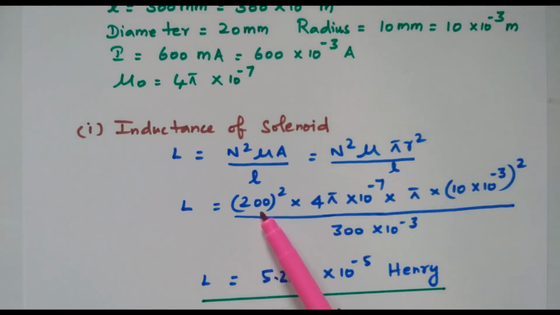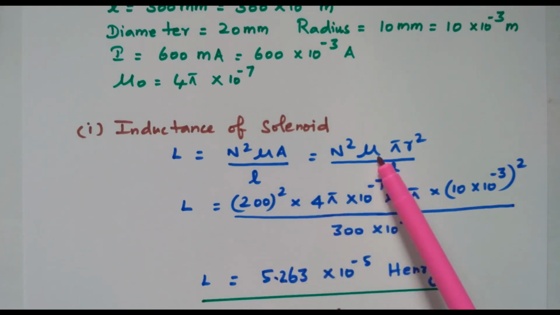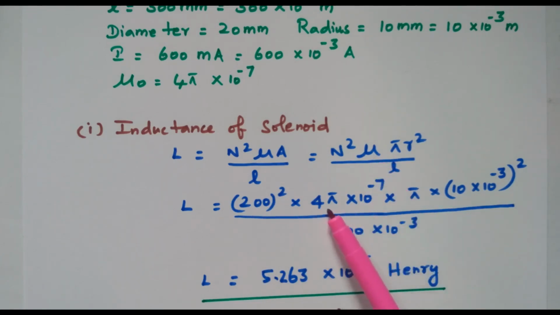The number of turns is 200 square, into mu, which is mu naught since mu r is 1. So mu naught is 4 pi into 10 to the power minus 7, into pi r square, where r is 10 into 10 to the power minus 3, squared, divided by L, where the length is 300 millimeter.